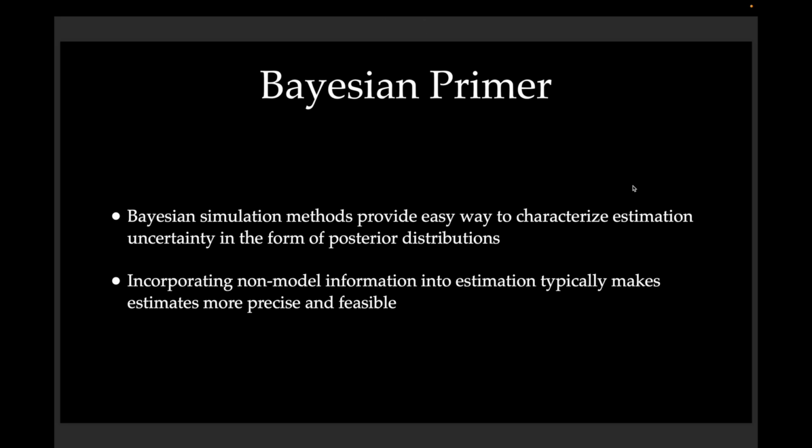Now, Bayesian simulation methods or sampling methods, they provide a very easy and very straightforward way to characterize estimation uncertainty, because we are looking at posterior distributions, and we want to describe the distribution by statistics, say the mode, the mean, variance, quantiles, areas with a high posterior density, etc. Now, because we include additional information, this typically adds to the precision of our estimates and often makes them more feasible in economic terms.